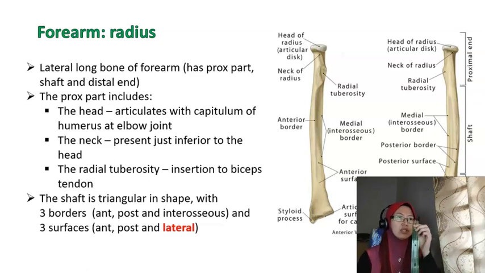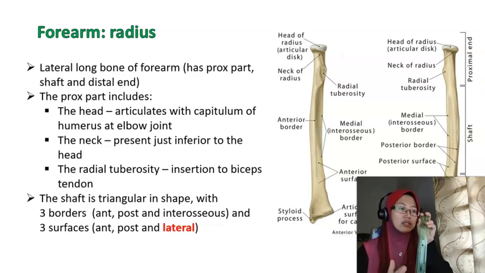Even though this is radius and it has a head at the proximal and distal, the head is a smaller part of the bone as compared to the distal end of radius. I'll tell you later why I emphasize that the head is smaller.